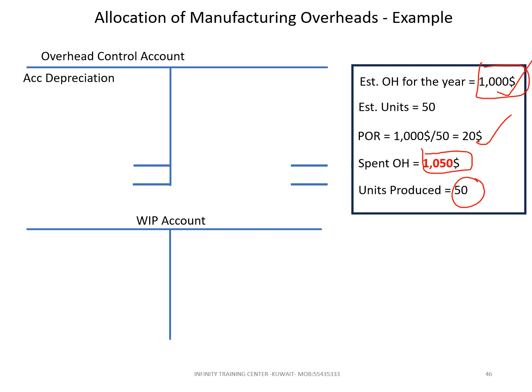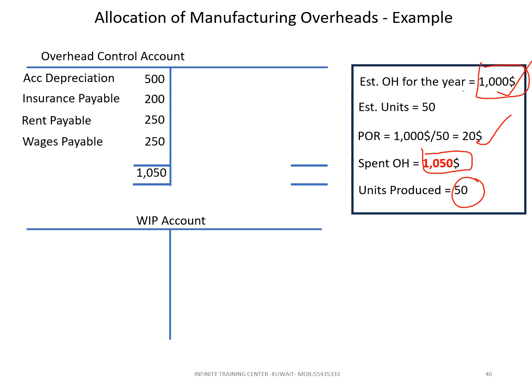First you have depreciation, that was $500. So your journal entry is overhead control account to accumulated depreciation, right? Then insurance payable, that is $200, rent payable $250, and wages payable, which is $250. So the total comes to $1,050.